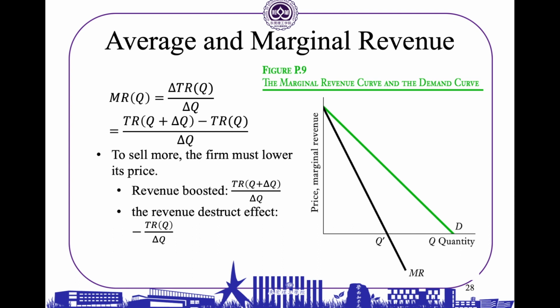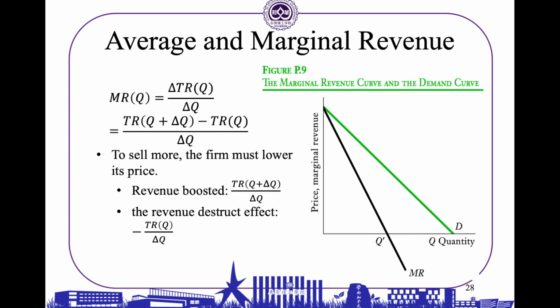There is one more formula for marginal revenue. It decomposes the change of total revenue into the new revenue, TR of Q plus delta Q, minus the original revenue, TR of Q. This tells us why boosting sales may not be good for profit.